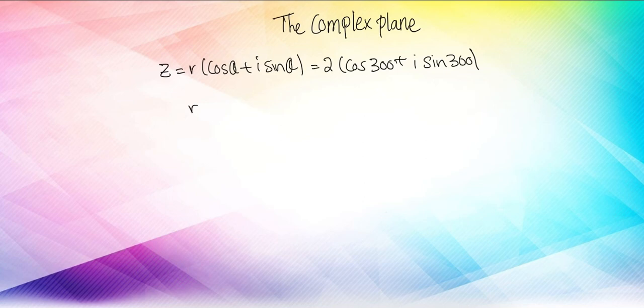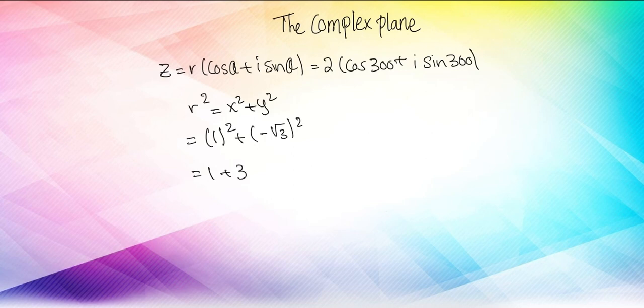We have r squared equals x squared plus y squared. Now we write (1/2) squared plus (minus √3/2) squared equals 1/4 plus 3/4, which equals 1. The answer is r equals 1.